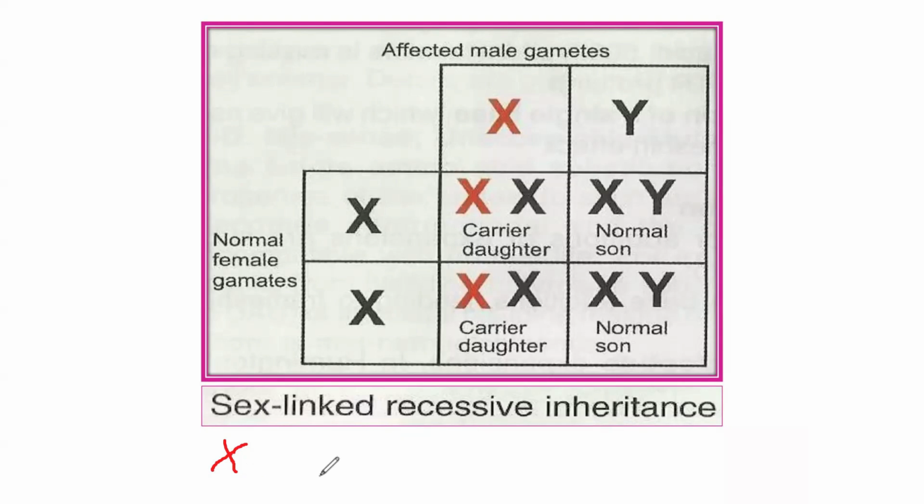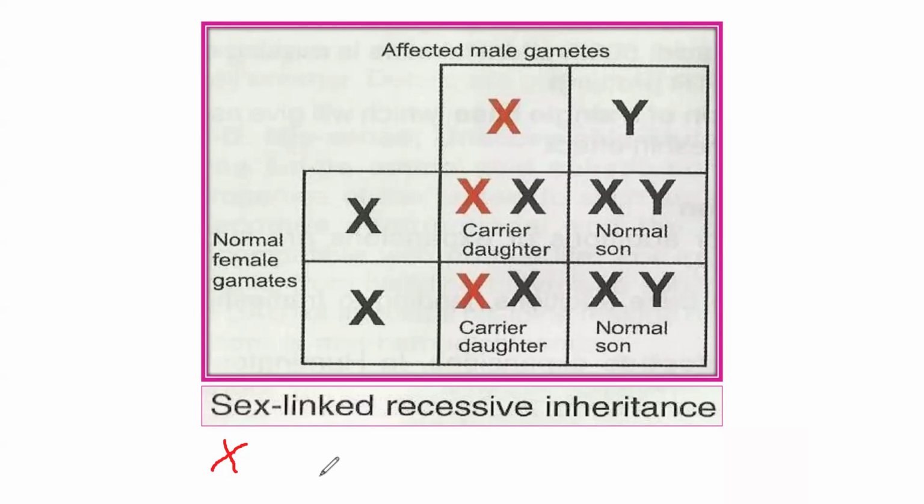Males have only one X chromosome, so a single recessive gene on the X chromosome will cause the disease. The Y chromosome is the other half of the XY gene pair in the male. However, the Y chromosome doesn't contain most of the genes of the X chromosome, so because of that, it doesn't protect the male. Diseases such as hemophilia and, of course, muscular dystrophy occur from the recessive on the X chromosome.